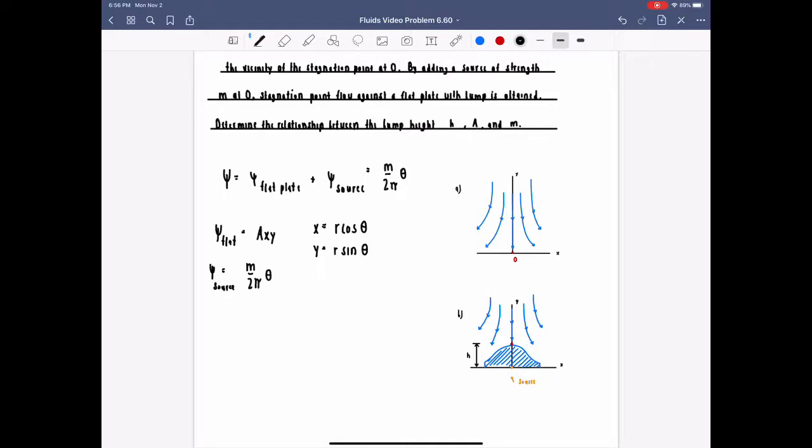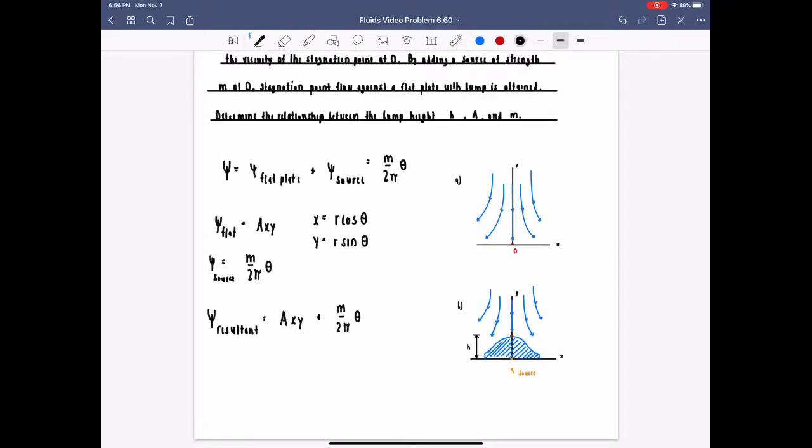So all this together, we're going to get psi resultant, essentially, is going to equal, before transferring to polar coordinates, axy plus m over 2 pi times angle theta. Okay, and then we're going to sub in x and y into the equation here.